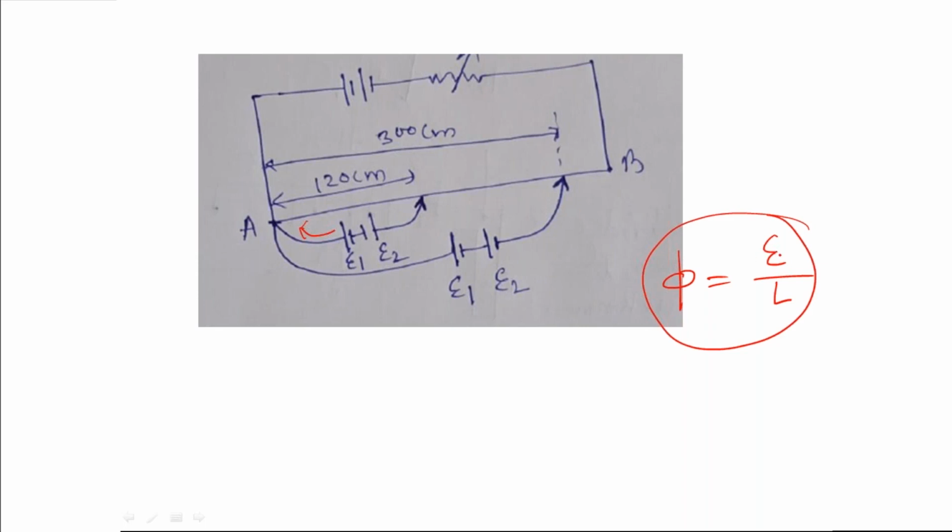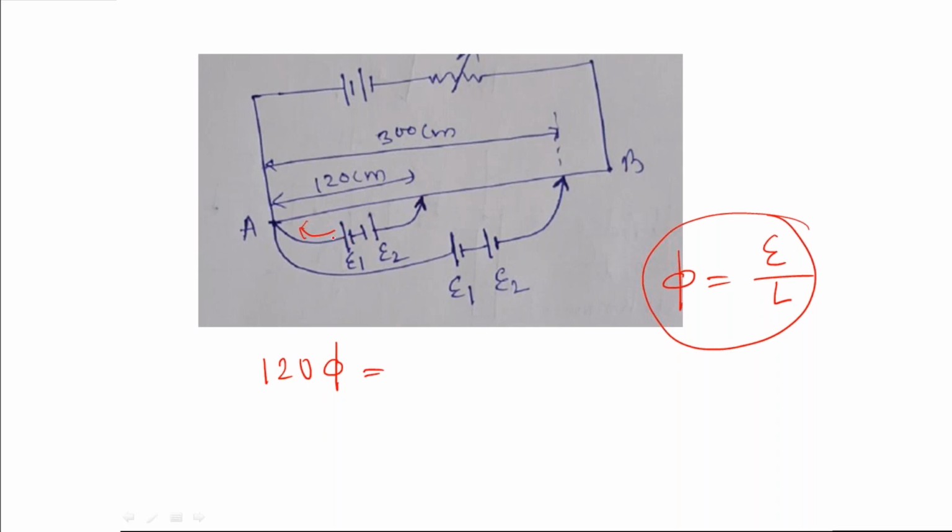If I want to find the EMF of the wire of this length, I have to multiply. So 120 into phi is the potential drop across this length, and according to Kirchhoff's law, that will be equal to the EMF of this combination.